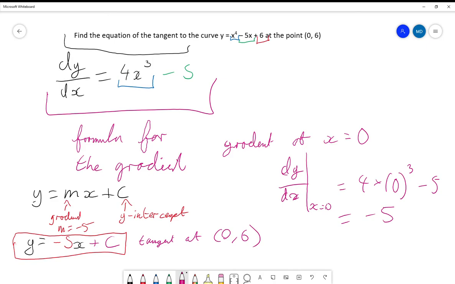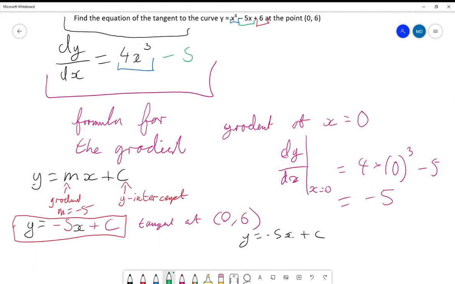So we're taking this line y equals minus 5x plus c, and we want to plug in that 0, 6 to find the c. So we're going to get 6 is equal to minus 5 times 0, because remember our x here is 0 and our y here is 6.